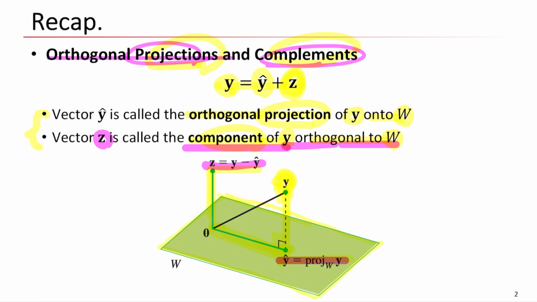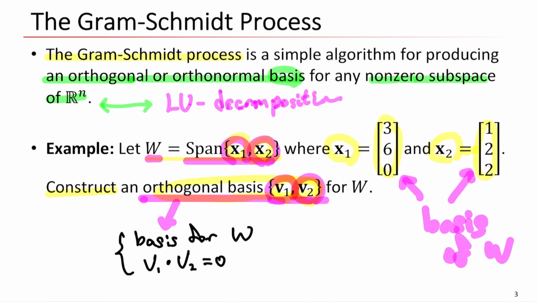Today we will introduce the QR decomposition method. To derive the QR decomposition factorization, we will use concepts such as the orthogonal projection or complement. And what was the Gram-Schmidt process?